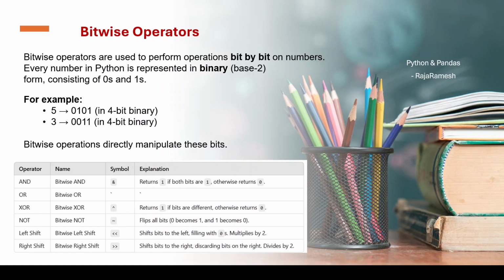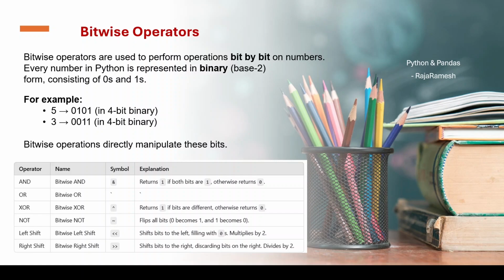Those actually shift the bits in the given value either to the left or to the right. Simply saying, whenever you are using left shift, it multiplies the number by 2 for each shift. So if you have 5 in a and you write a left shift 1, it multiplies 5 by 2 one time.